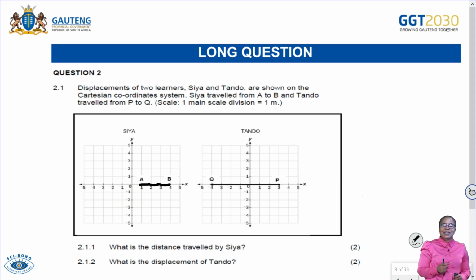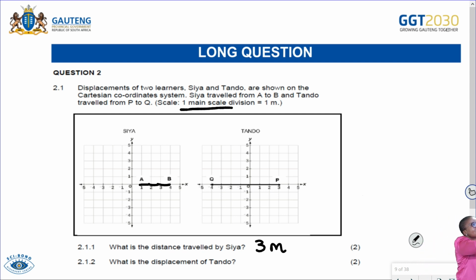So the distance traveled by Sia is therefore 3 meters. Why are we using this unit? It's because we are told that one main scale division is equal to 1 meter, telling us that the numbers are 1 meter apart.